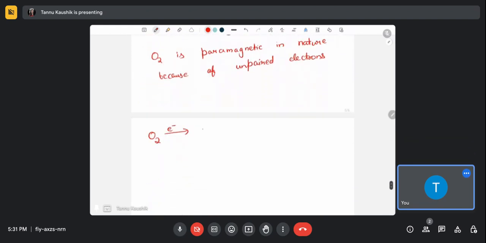So if we add one electron, it will become O2 minus, which we call superoxide.